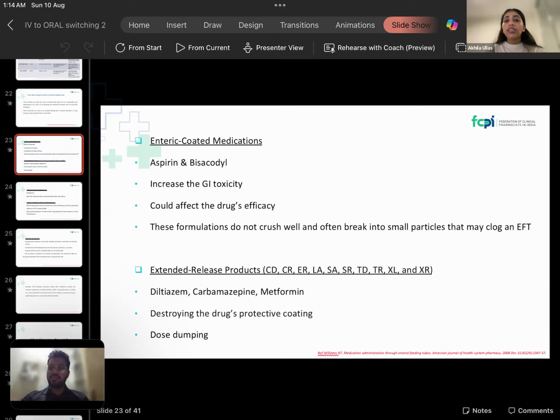Ensure that you crush separately, because that way you avoid some drug interactions or excipient additive reactions. Sometimes it may transform the active metabolite to toxic metabolites also. These are some of the things you should ensure before crushing or giving.